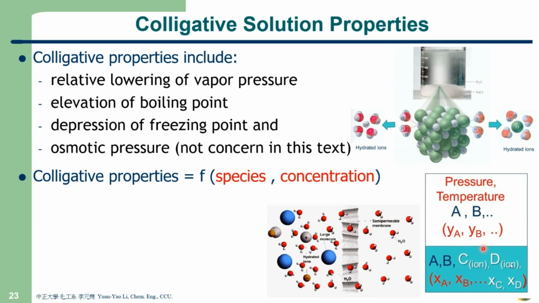I just told you that if you have more concentration, the vapor pressure will drop a lot, right? The more you have, the lower the vapor pressure you will have. So this relates to species, as concentration is also a function of the species, for a concentrated solute.